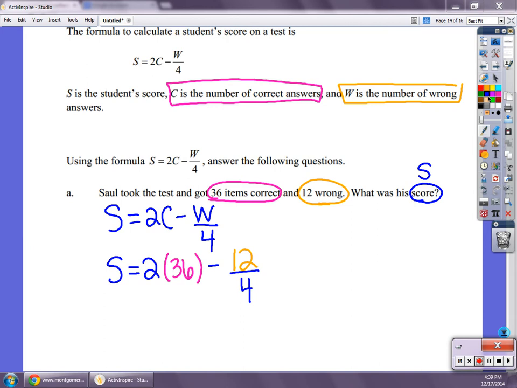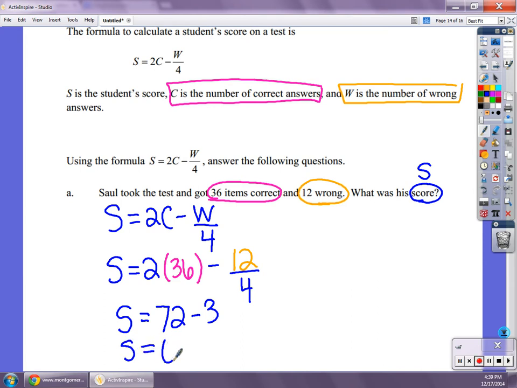Okay, let's look at what we have. I'm going to simplify the right side of our expression. We have 2 times 36, which is 72, minus 12 divided by 4, which is 3. So now we know that S is going to equal 69, and that's going to be the score for Saul on his test.